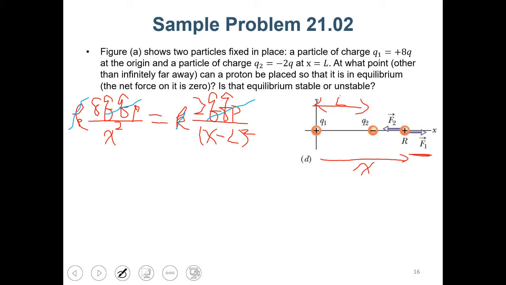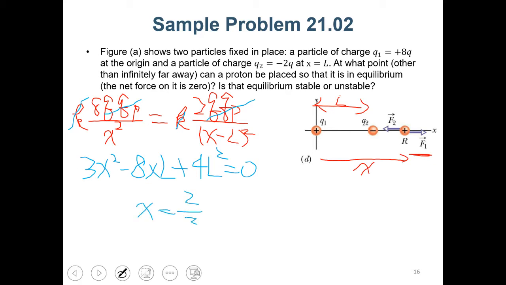So we multiply x squared and x minus L squared on both sides, and then we can simplify it as 3x squared minus 8xL plus 4L squared equals 0. So this is a quadratic equation. I suppose you know how to solve it. And actually, x equals 2/3 L or 2L.